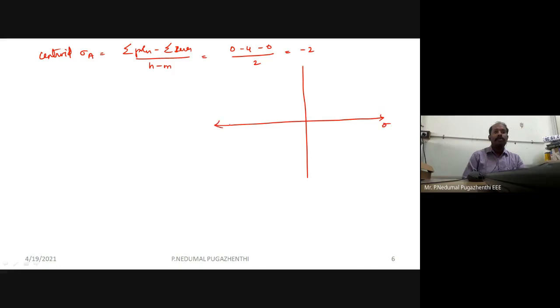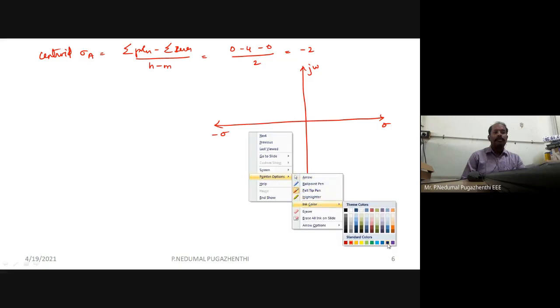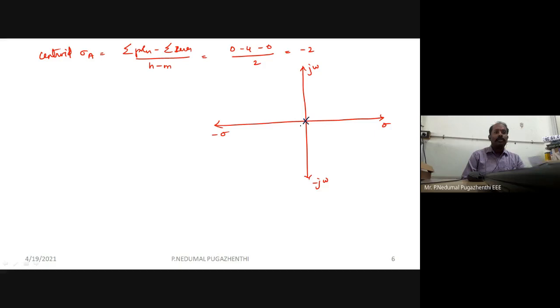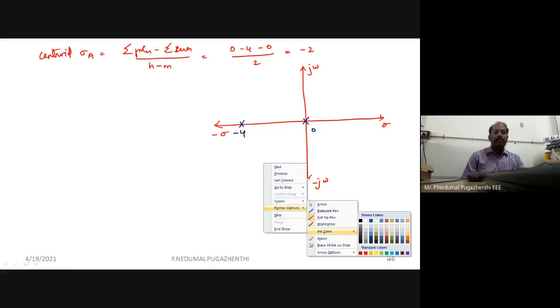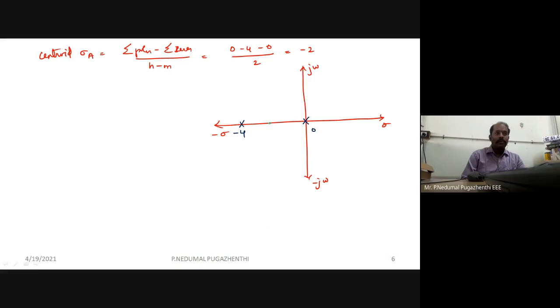This is sigma, this is minus sigma, j omega, minus j omega. I choose a different color. This is s is equal to 0, s is equal to minus 4. Now my centroid is different, so I will choose a different color there. This is my centroid, minus 2, sigma A. My theta values are plus or minus 90 degrees, so you have to take a protractor and draw exactly 90 degrees.